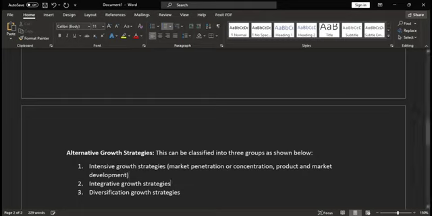The integrative growth strategies include horizontal integration, backward vertical integration, and forward vertical integration.